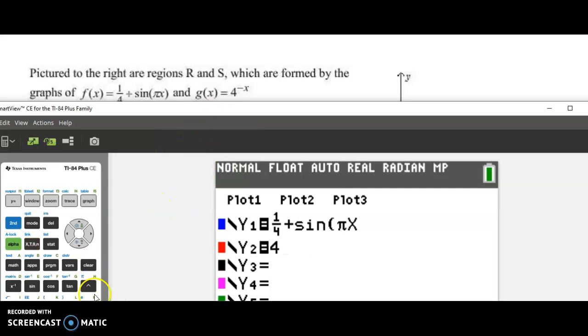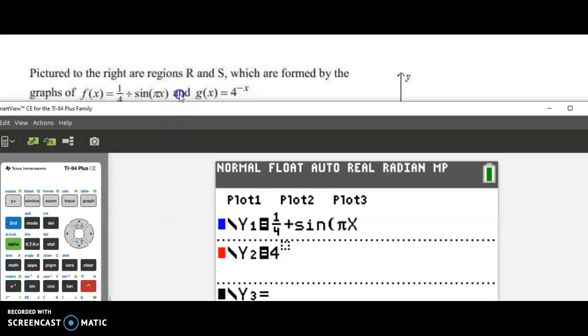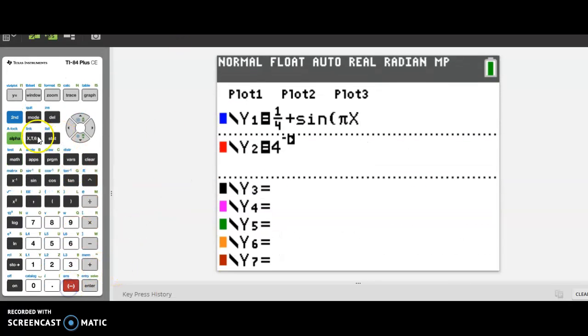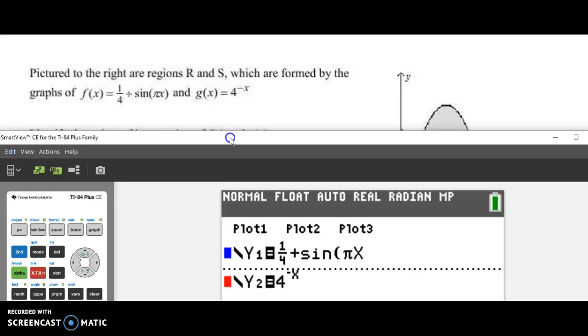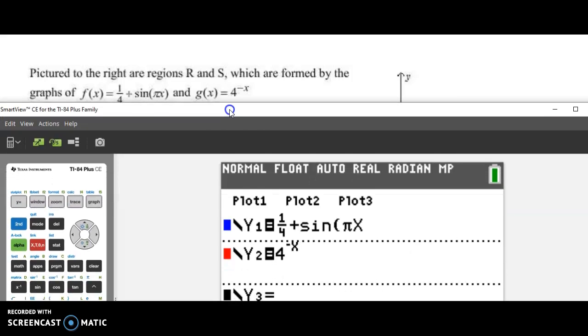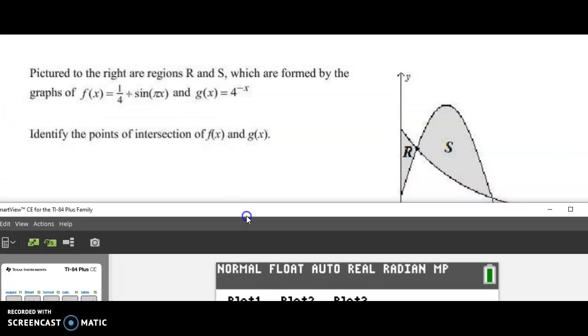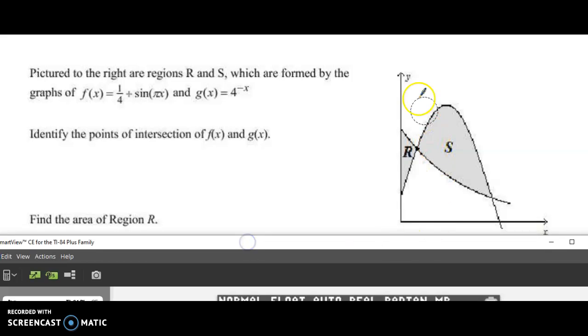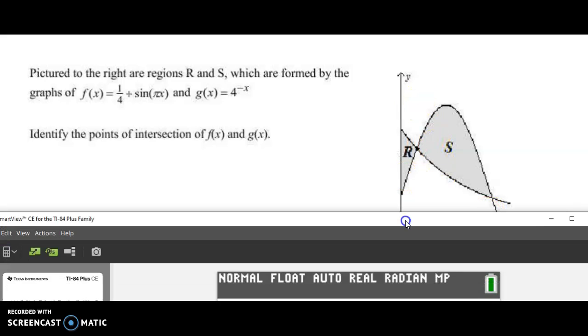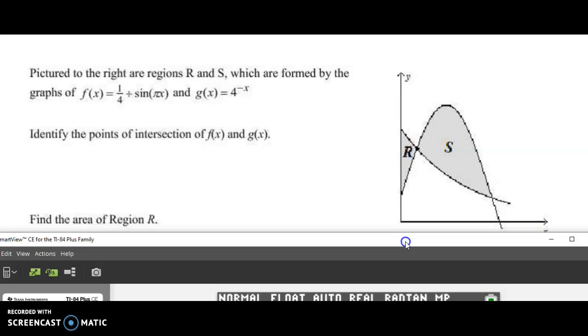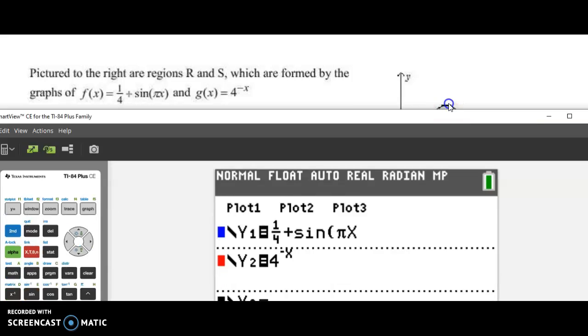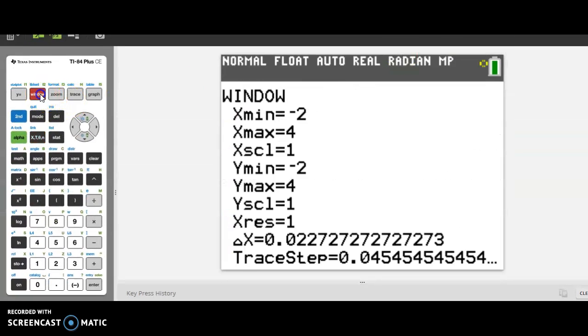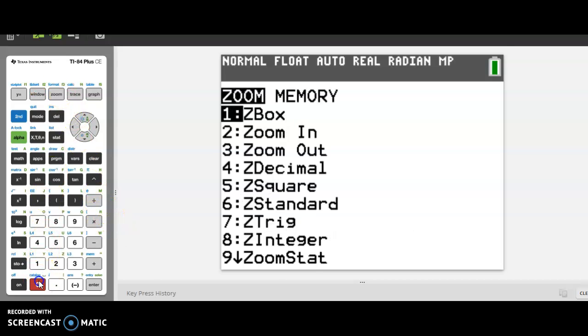We're talking about 4 to the, you do have to hit the negative key, so make sure that you hit the negative key, not the minus key on your calculator. If you look at, we only want the first quadrant. So I don't know exactly where they're going to intersect. So you might just want to play with your window for a little bit. Like, I don't know, hit zoom fit first.